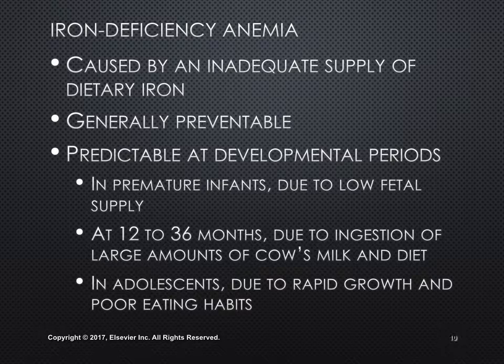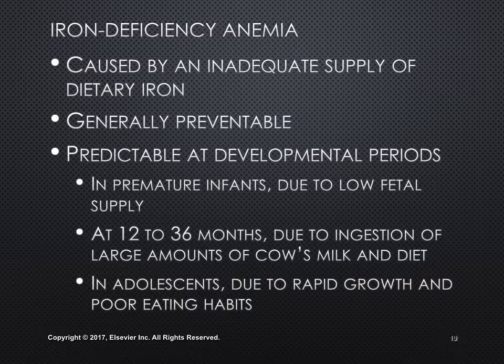The other thing that happens as they start to do that is that the cow's milk will actually cause microscopic bleeding in the GI system, and that will actually make the anemia even worse. And so it's another reason why this is an issue at that age.